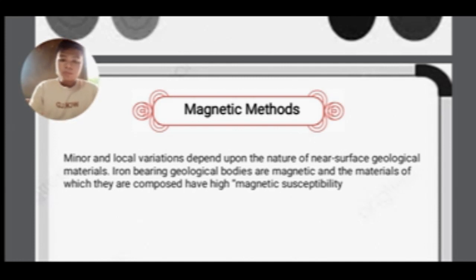So the major variation in field strength and polarity direction is related to the major continental scale of deep-seated geological factors. It depends on how strong the field is and which direction it points.